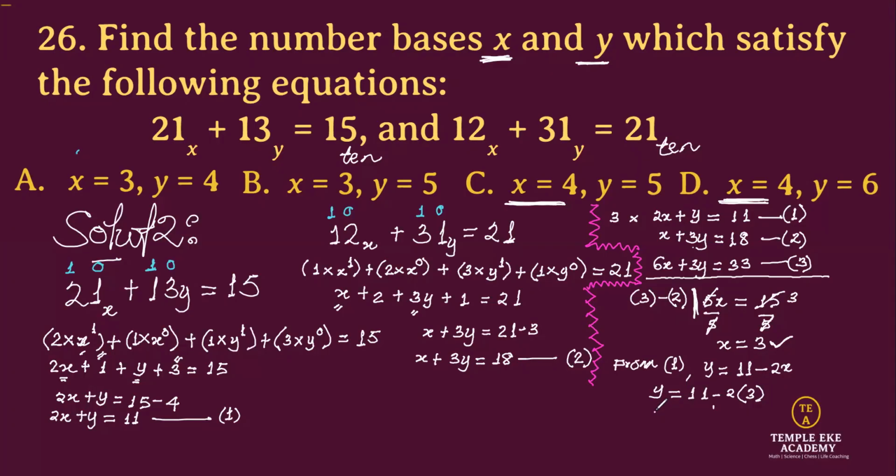And now 2 multiplied by 3 is actually 6. So we have 11 minus 6, which will give us 5. And mission completed. Therefore, in the final analysis, x equals 3 and y equals 5. Our final answer. And that is reflected in option B right there. Very simple. Okay.